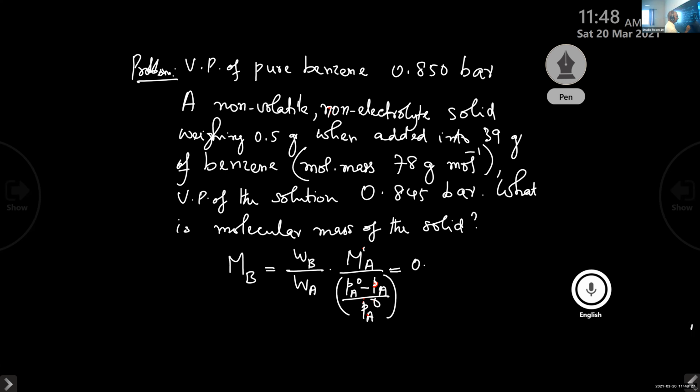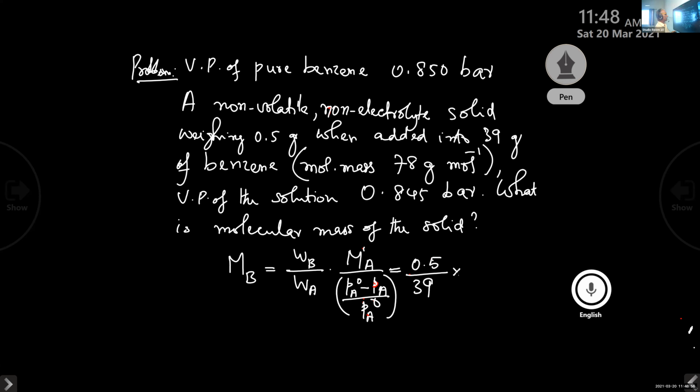By WA, the mass of the solvent. The solvent is benzene. What is the mass of the solvent? 39 gram. Into MA, the molar mass of the solvent.